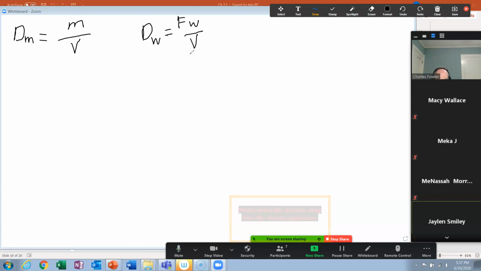Now, although mass density and weight density can be expressed in both metric and U.S. systems, mass density is usually given in the metric system, kilograms per cubic meter. Mass in kilograms, cubic meter is your volume, and weight density is usually in U.S. units, pounds per cubic feet, what I just said.